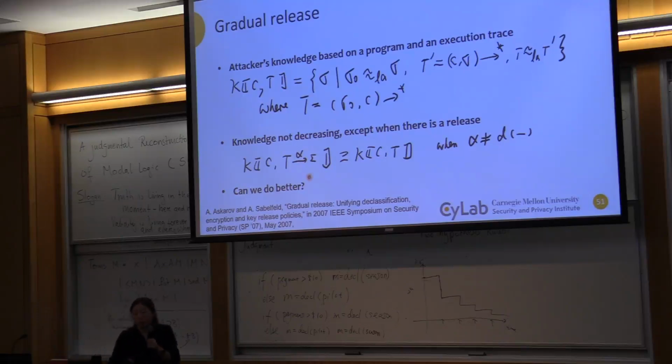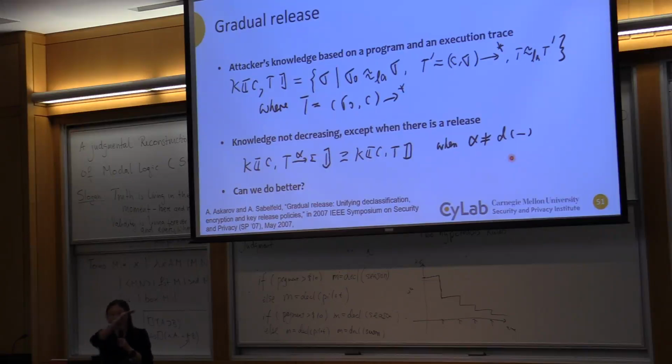Now this security definition looks similar to the previous one. We're still wanting to know that the knowledge doesn't get refined except when we do declassification. So what I'll do is now I have a trace, I can build a more refined definition, talking about it step by step. For every step the trace takes, the attacker taking one more step should not refine the knowledge of the previous trace that the attacker saw, except when this action is a declassification.